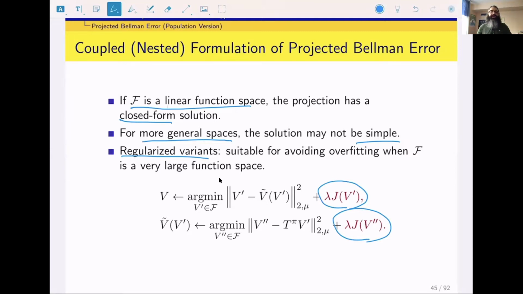Basically, if you have more parameters than the number of data points, or if you're working with function spaces like reproducing kernel Hilbert spaces with a universal kernel, they can essentially fit any reasonable function, like a continuous function. But you don't want to do that if you have only a finite number of data points, so you want to regularize. These regularized variants were developed in order to avoid that. And just as a disclaimer, I was involved in the development of these methods. That's why I'm also mentioning it.